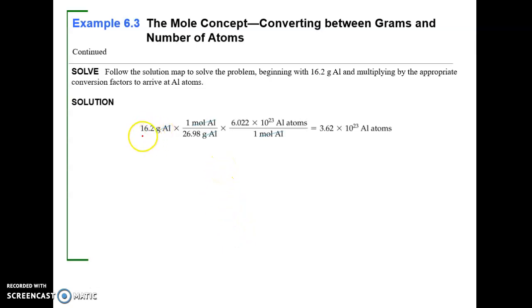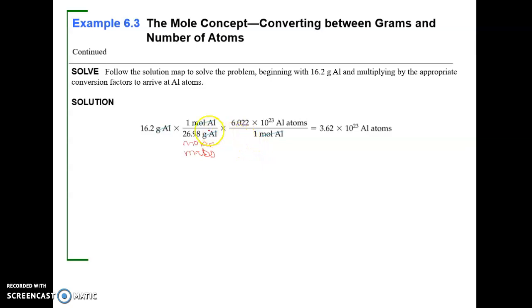All right, so starting with what we're given, we have 16.2 grams of aluminum. Now I'm using the molar mass of aluminum. Okay, doing that, I'm able to get into moles of aluminum. But the question doesn't ask me how many moles of aluminum, it asks me how many atoms of aluminum. Well, I know to get from moles of something into atoms of something that I can use Avogadro's number.